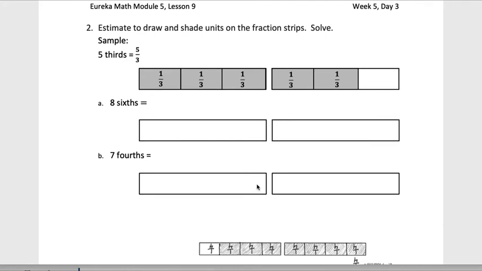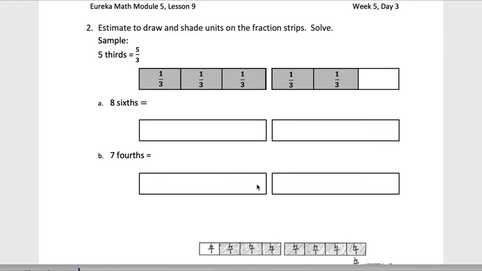Now, here it's asking you to estimate and draw and shade units on the fraction strips. So our sample is showing us 5/3, which equals 5 thirds. So how many thirds do we need to shade in? We need to shade in 5 of them. But for each figure, what do we break it apart into?